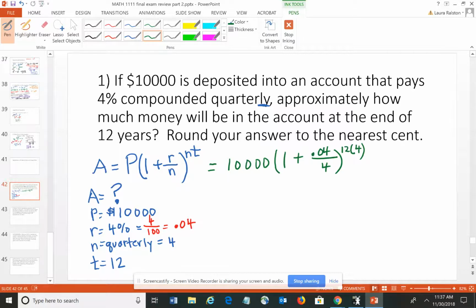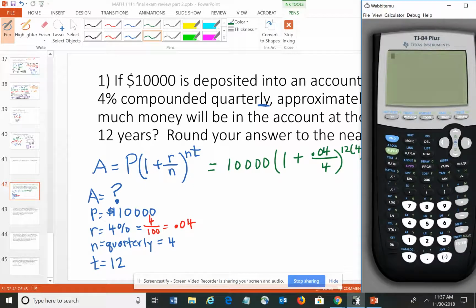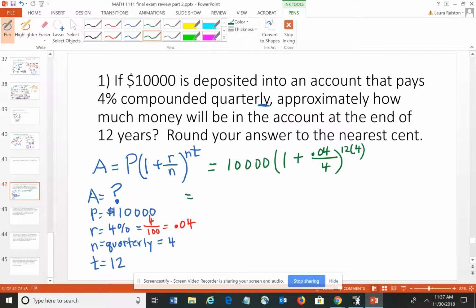You really need to walk it through, but you can use your calculator to do that. We would begin by working in the parentheses, dividing 0.04 by 4, which gives us 1/100th. So you would have 10,000 times 1 plus 0.01 raised to the 48th power.